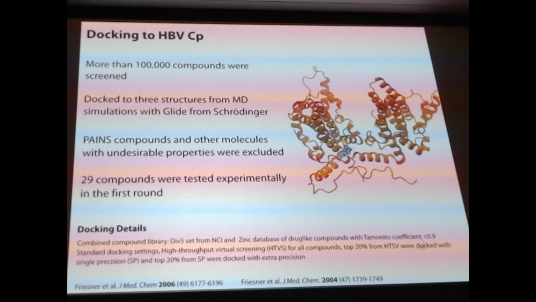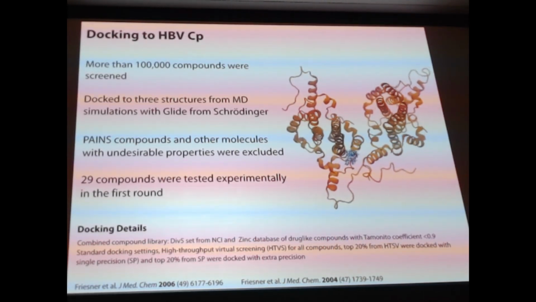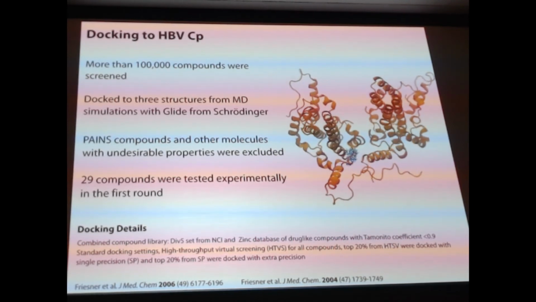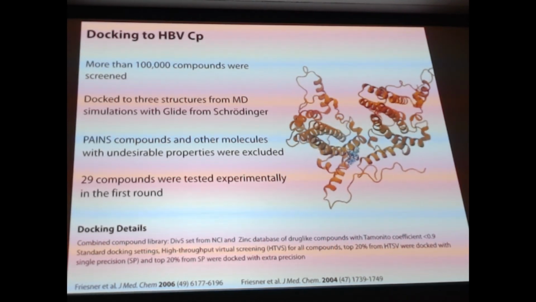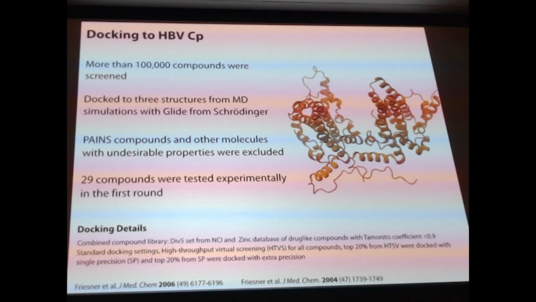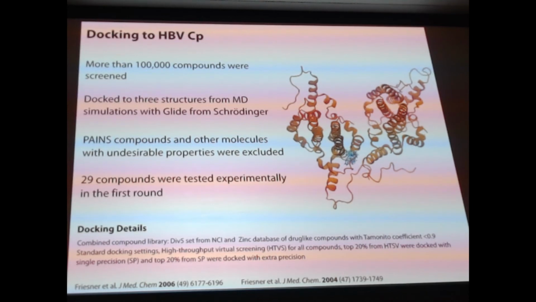So just a brief overview of what we did. We screened 100,000 compounds from ZINC and NCI databases, docking to our 3 structures from MD. We tried to exclude compounds that would already be unfavorable or toxic. And we landed on about 29 compounds ultimately that we had tested experimentally.